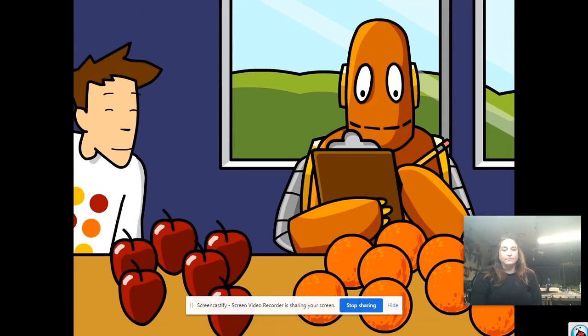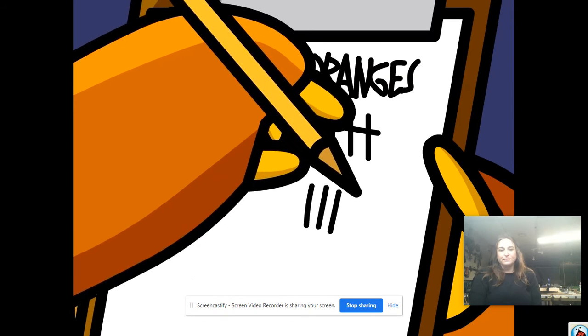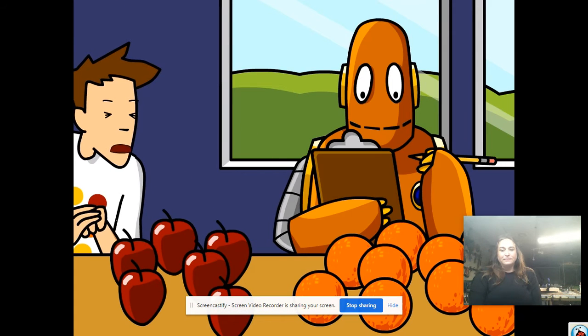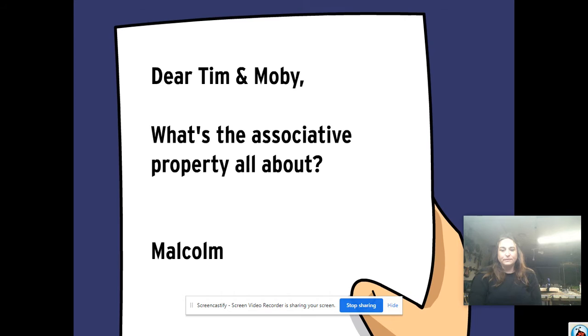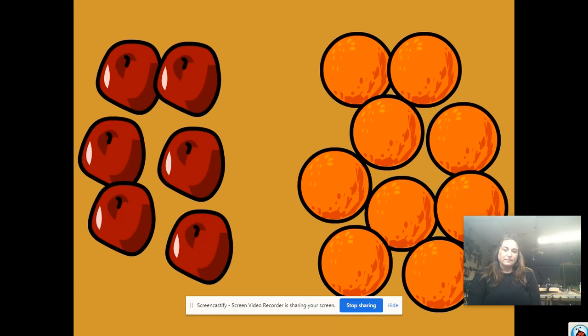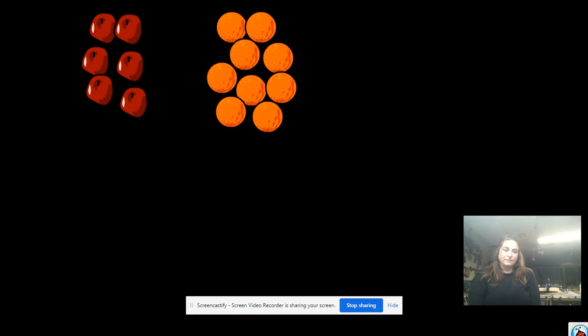Dear Tim and Moby, what's the associative property all about? From Malcolm. The associative property deals with grouping numbers and works for multiplication and addition. You may not be able to mix apples and oranges, but we can add and multiply them. Let's throw some bananas in there too.